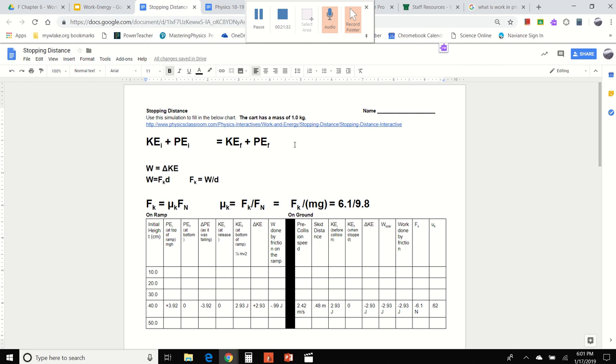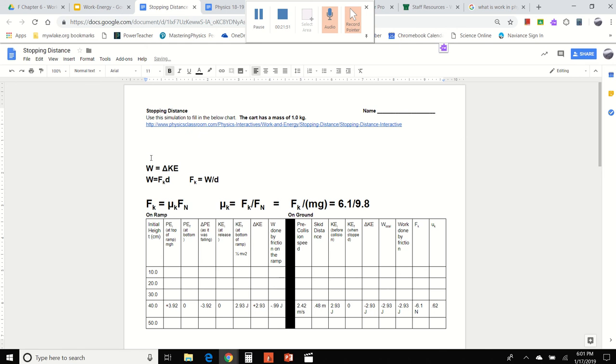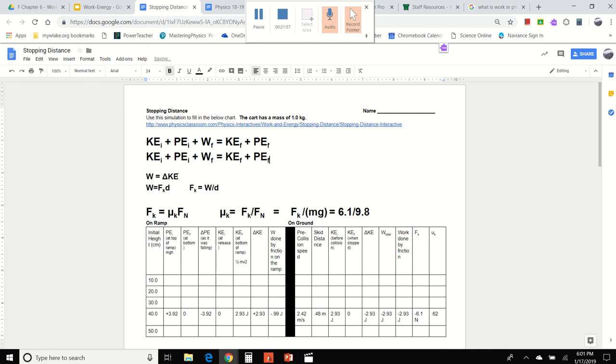No energy would go anywhere we don't want it to go. But there is, of course, friction there, as there is in real life. So we have to consider it. But this equation whittles down to a lot less in each instance. So copy that. Paste it down here.